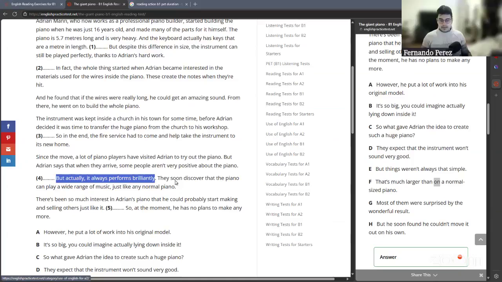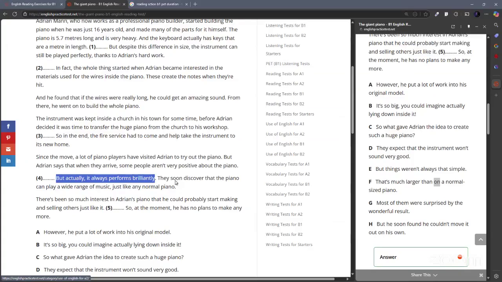Okay. And this sentence is, but actually it always performs brilliantly.